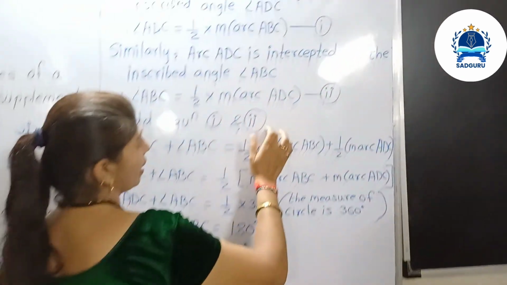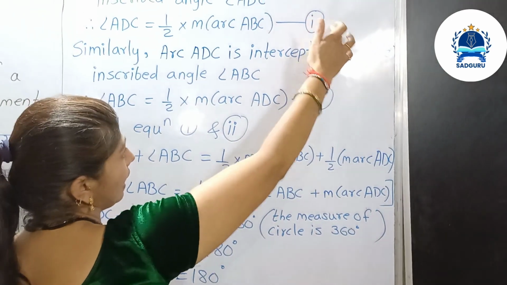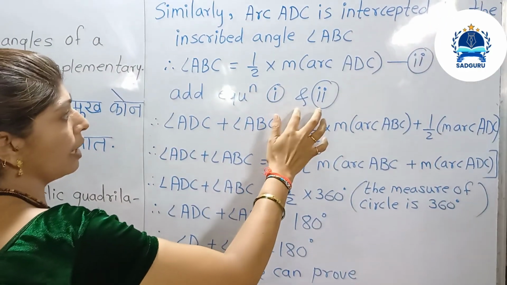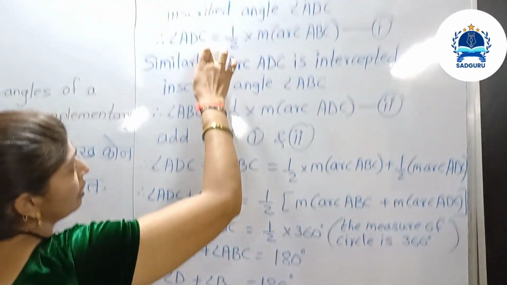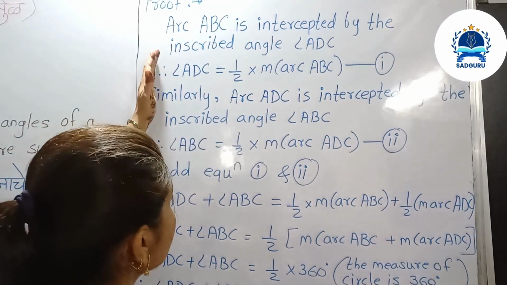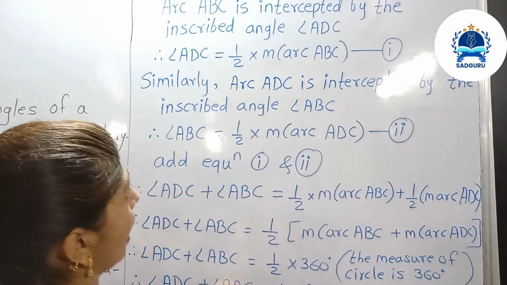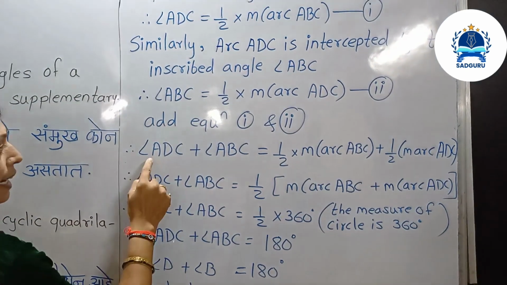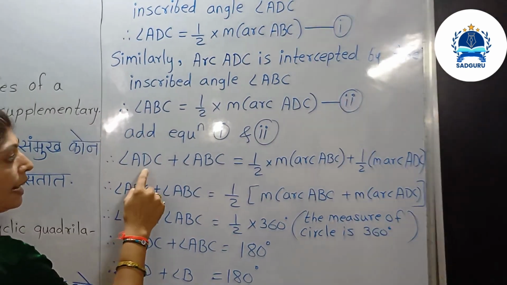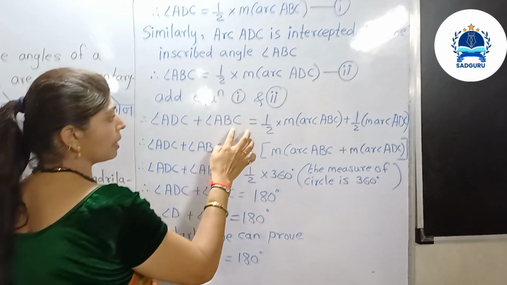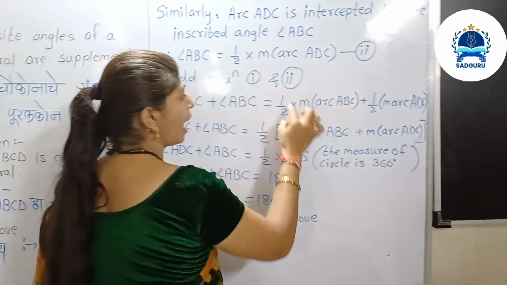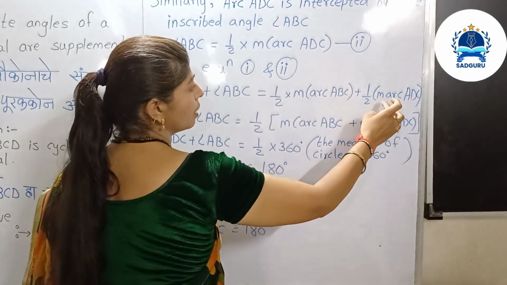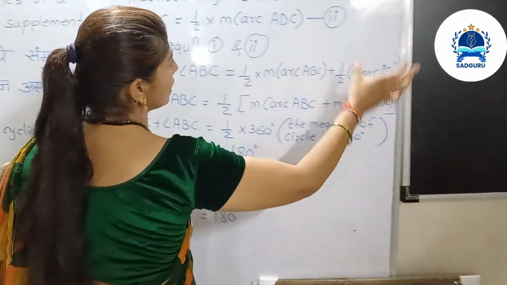Okay, so here we add these two statements, equation 1 and 2. Left hand side is added to left hand side and right hand side is added to right hand side. So, angle ADC plus angle ABC is equal to half of the measure of arc ABC plus half of the measure of arc ADC.